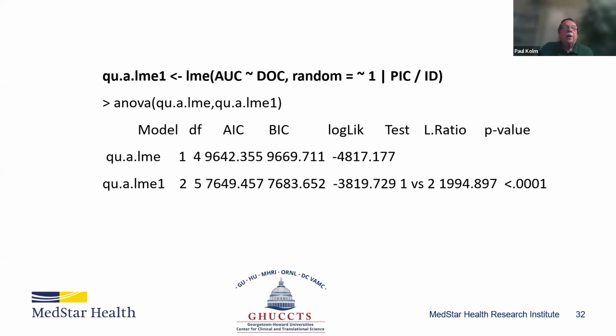So our random effect is going to be ID within pictures. And so again, we get a significant difference between the first model that we did before and the second model. So this random effect here is significantly better. What this means is it's significantly better than the one where we just took into account the difference between patients.